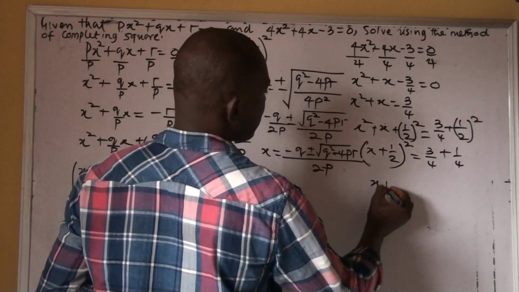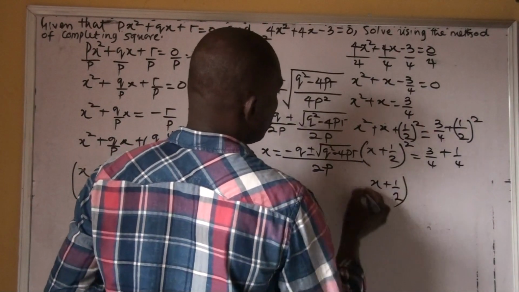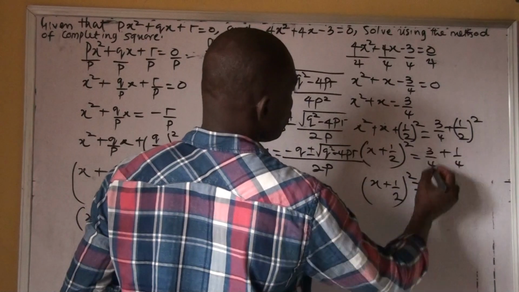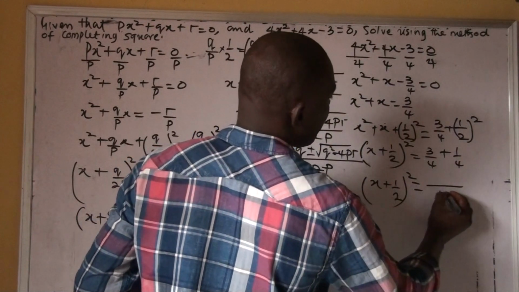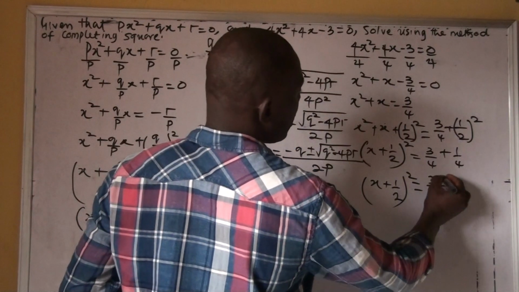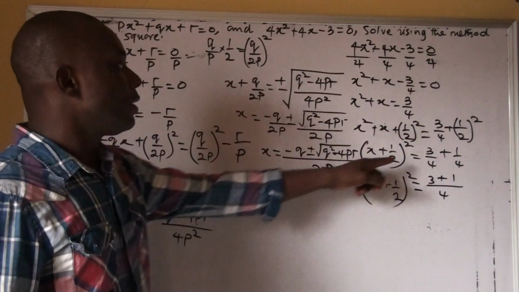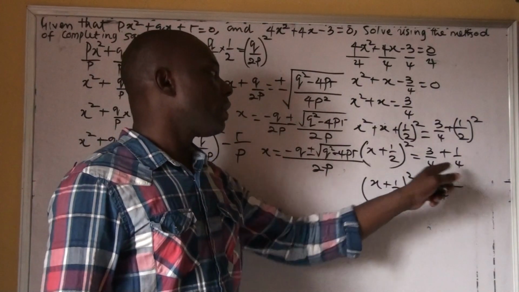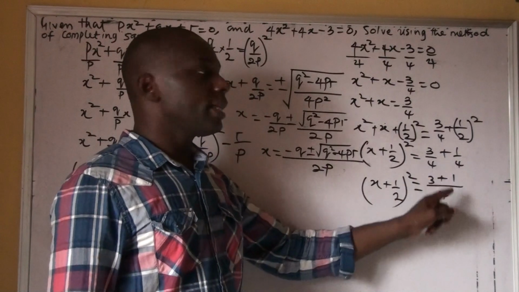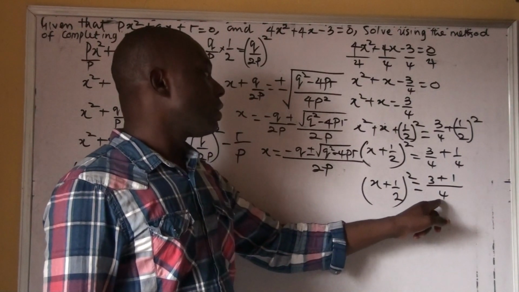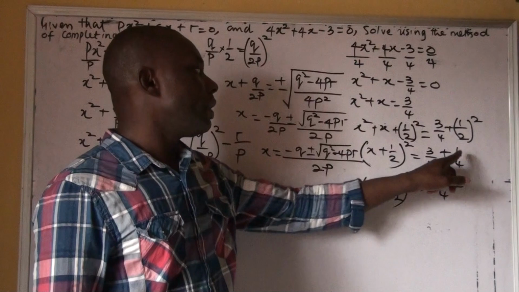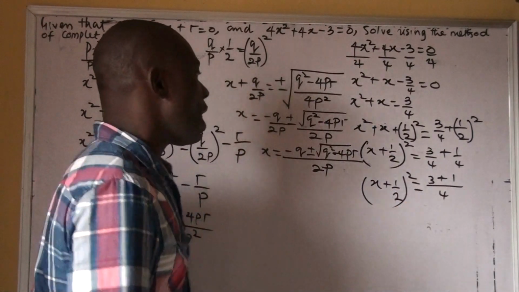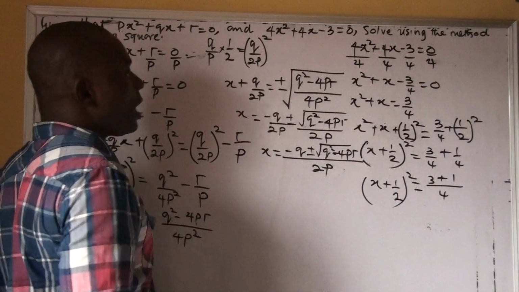So x plus 1 over 2 all square is equal to, quickly, the LCM is 4. This is 3 plus 1. The LCM of the fractions is 4, because they are the same. Since the denominators are the same, you add the numerators. 3 plus 1 is 4. 4 divided by 4 is 1.